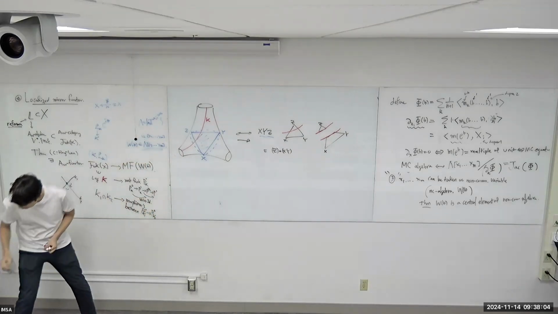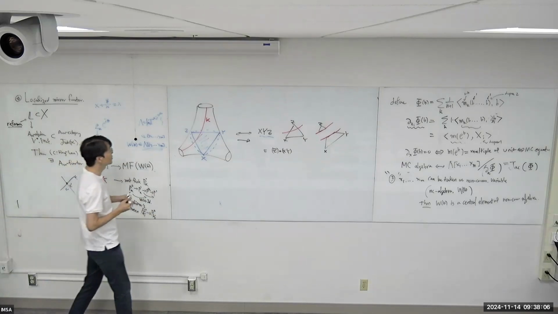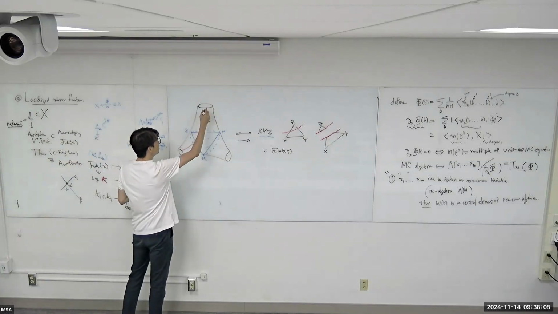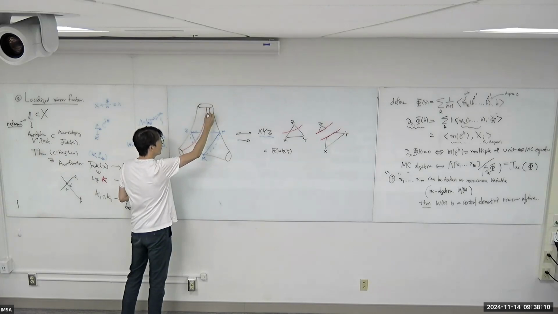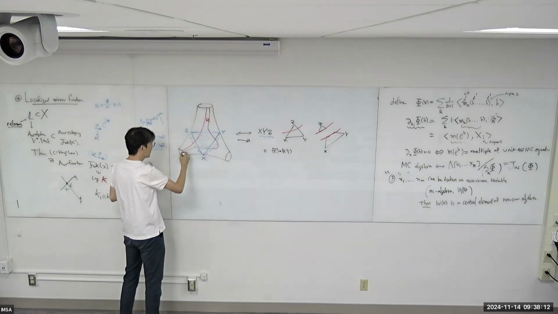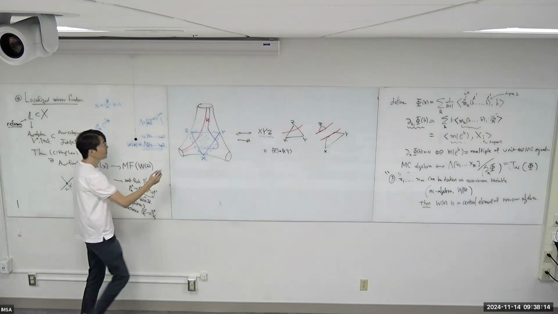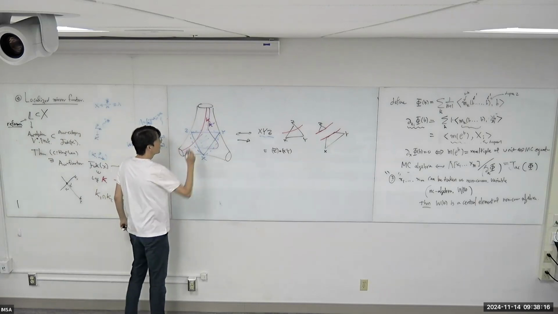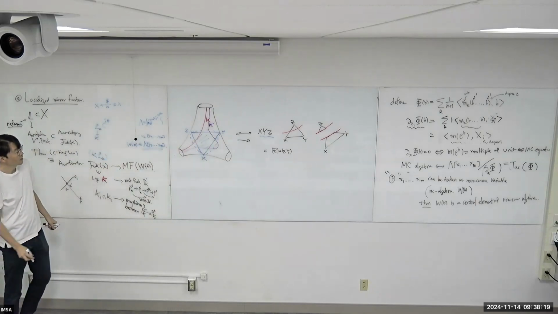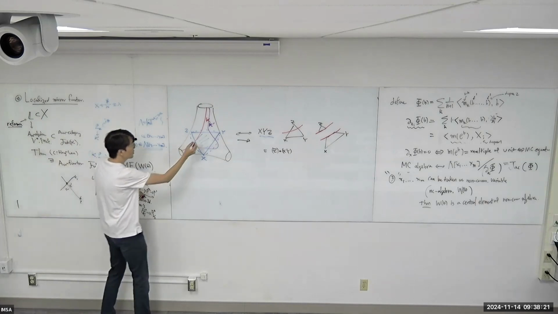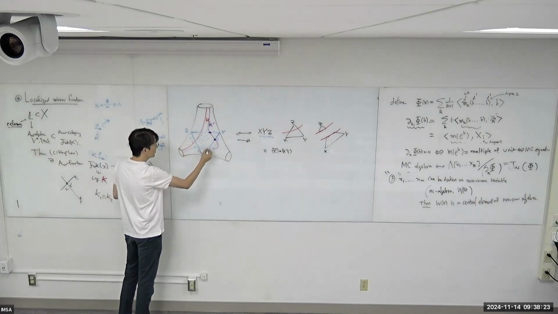But what we could also do is choose something much more complicated, which is homotopic to K. Let's say K prime. And in this case, we have like 4 intersections.